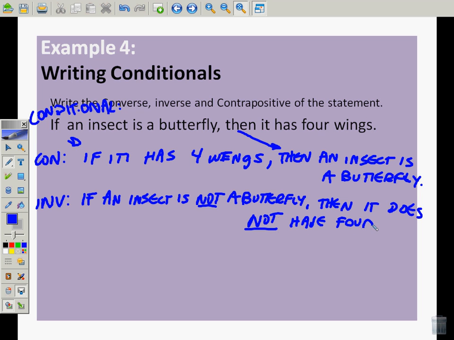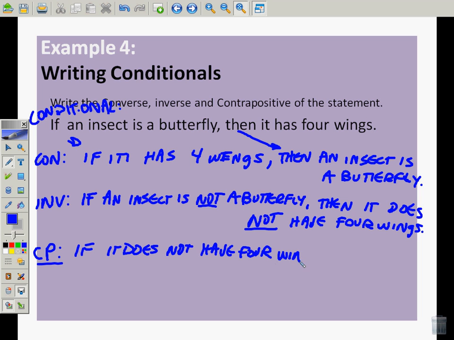I'm going to label it CP for contrapositive. A contrapositive, we switch and negate. If it does not have 4 wings, then it is not a butterfly.